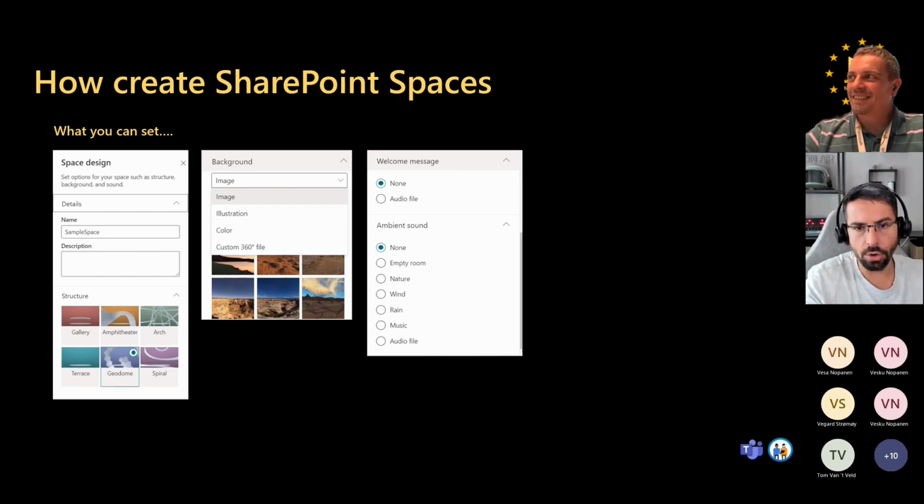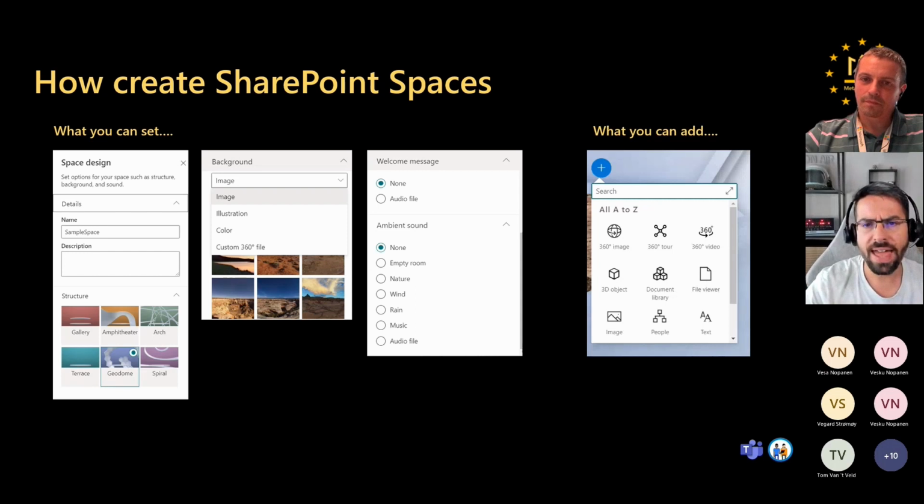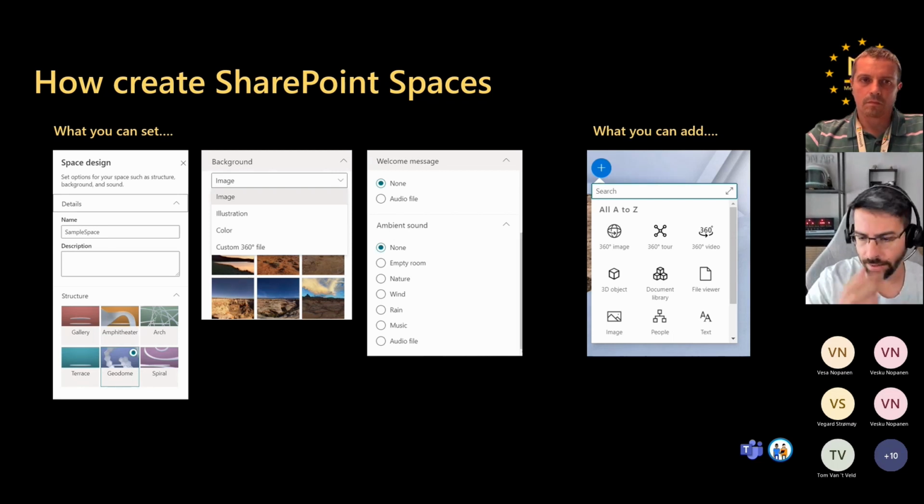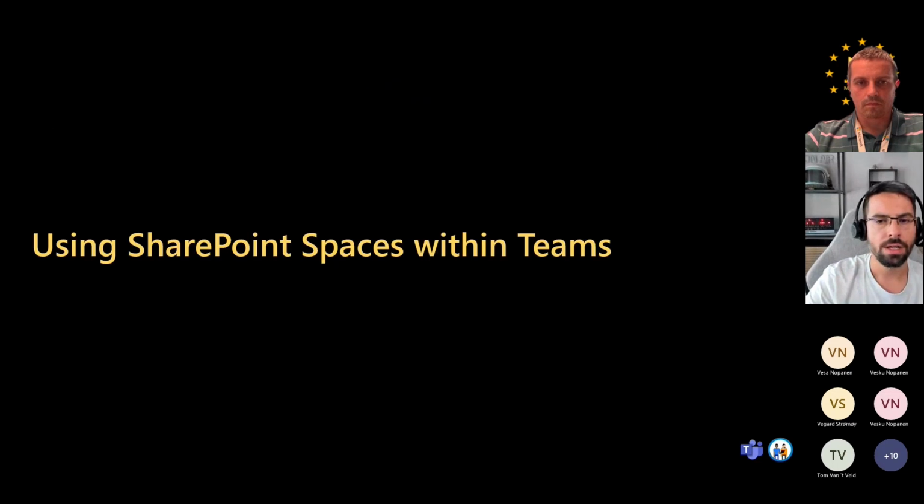For example, none, or an empty room, nature, wind, rain, music, or a specific audio file. And then, after the creation of this new space, you are able to use specific web parts to represent this space, as I already mentioned, on different pages inside your intranet or your SharePoint site.